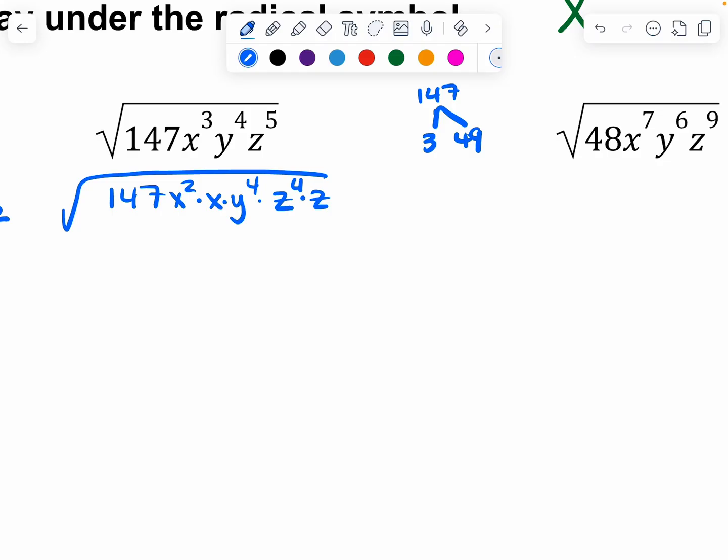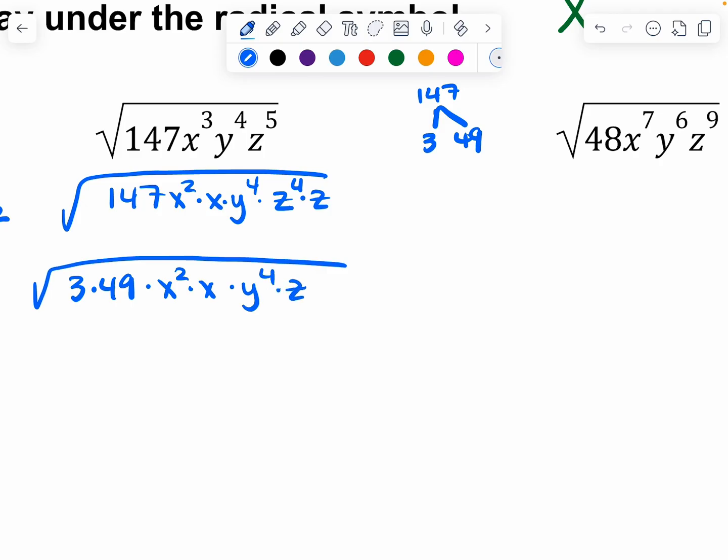Okay, so if I rewrite this, I now have 3 times 49 times x squared times x times y to the 4th times z to the 4th times z. I'm going to separate it. I can take the square root of 49, x squared, y to the 4th, and z to the 4th.